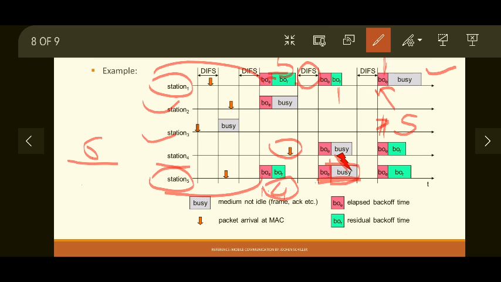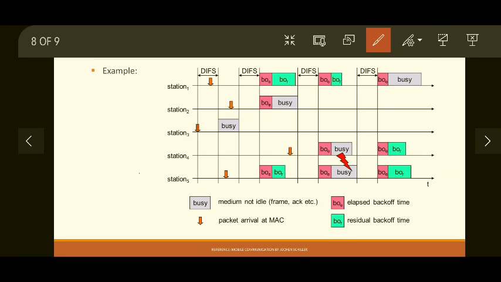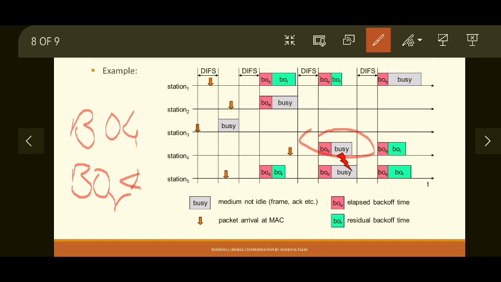Otherwise, what would have happened if there is no fairness? Since station 5 had a residual backoff time of 4 and station 4 a backoff timer of 4, station 4 could have got access to the medium, but because of the fairness offered, residual backoff time gets the first priority and station 5 gets a chance to transmit the packet first. Residual backoff time of 1 will be carried forward to the next transmission phase.